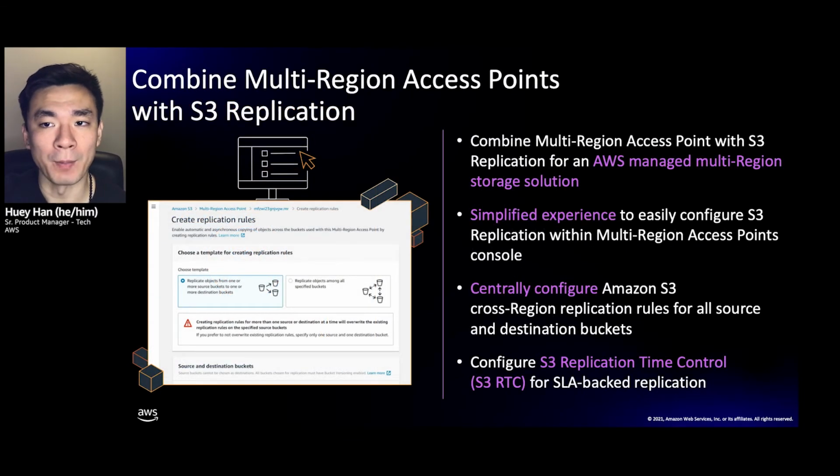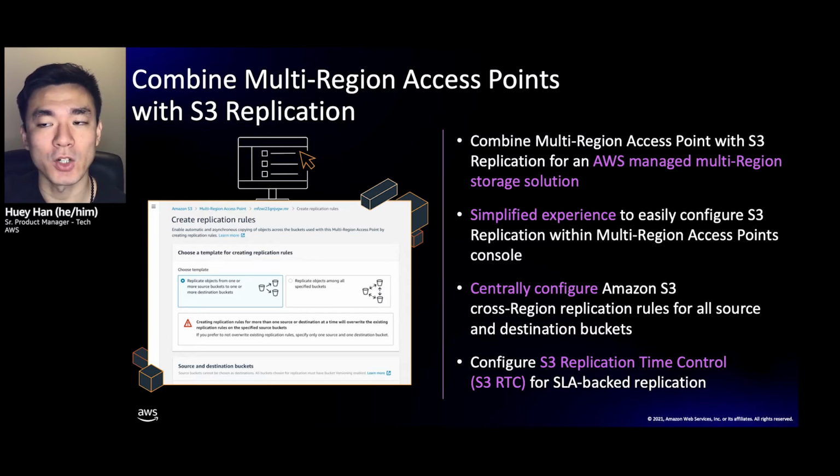So one thing we want to mention is that S3 replication with Multi-Region Access Points is a powerful combination. Multi-Region Access Point is very integrated with S3 replication to provide maximum flexibility when choosing what to replicate and to which destinations.